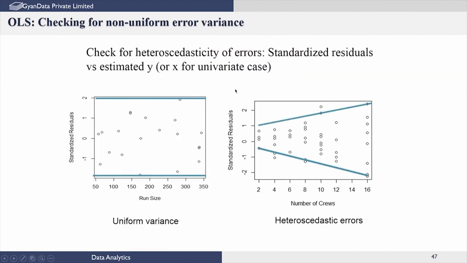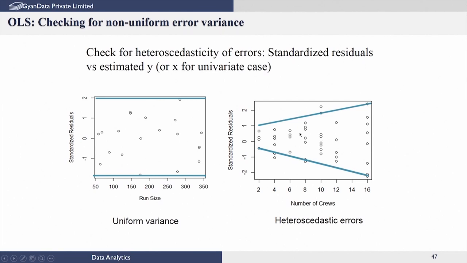A third thing that we need to test is whether the error variances in the data are uniform or have different variances for different samples. And again, here what we do is look at the residual plot, the standardized residual versus the predicted value, which is what you have to plot, and if you do and look at this, there should be no particular trend in the residuals.